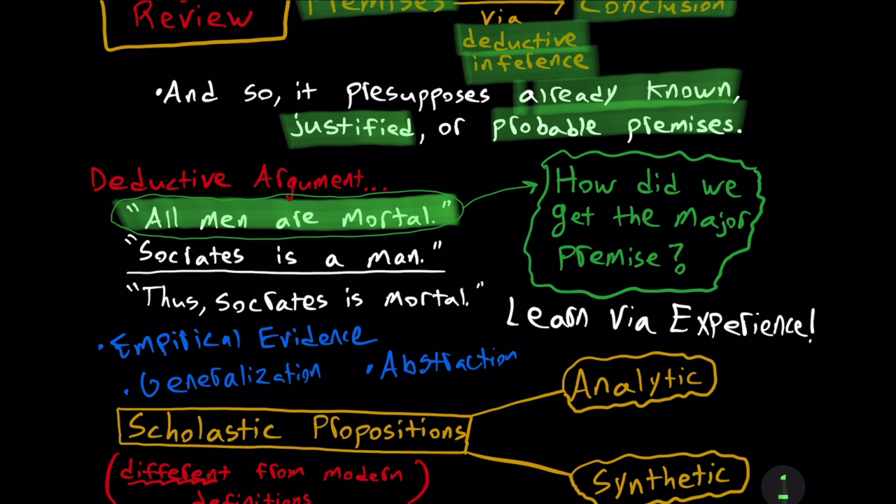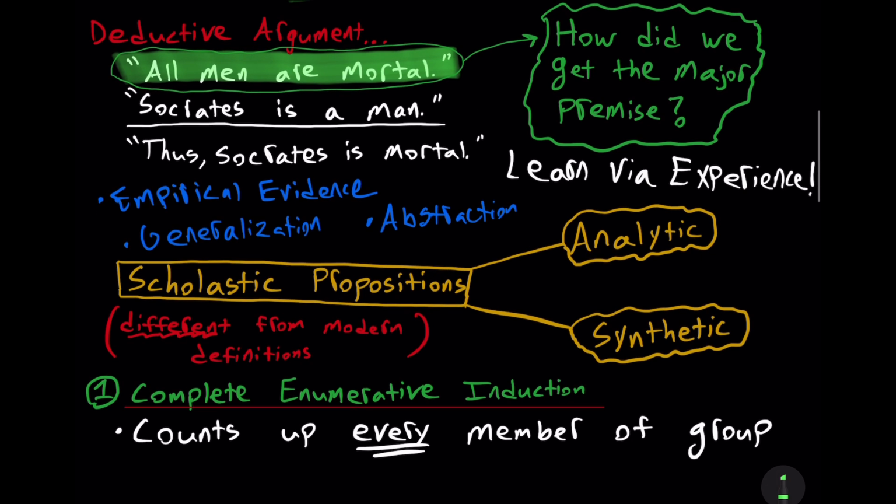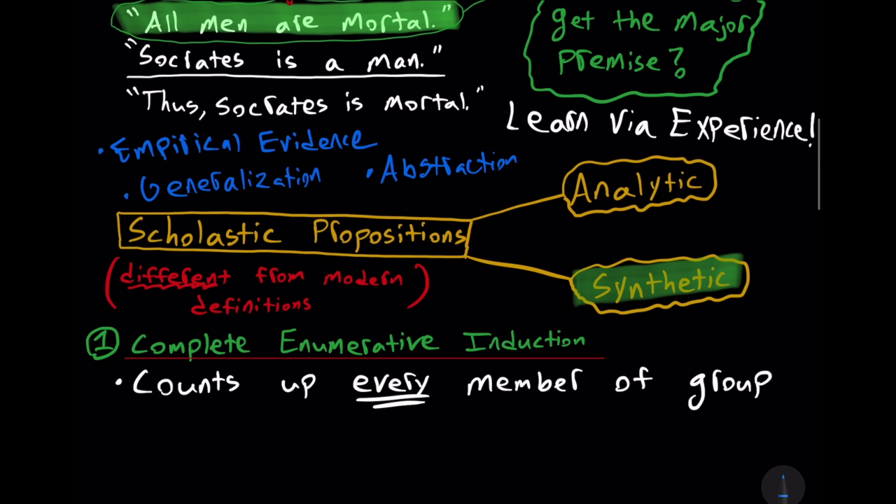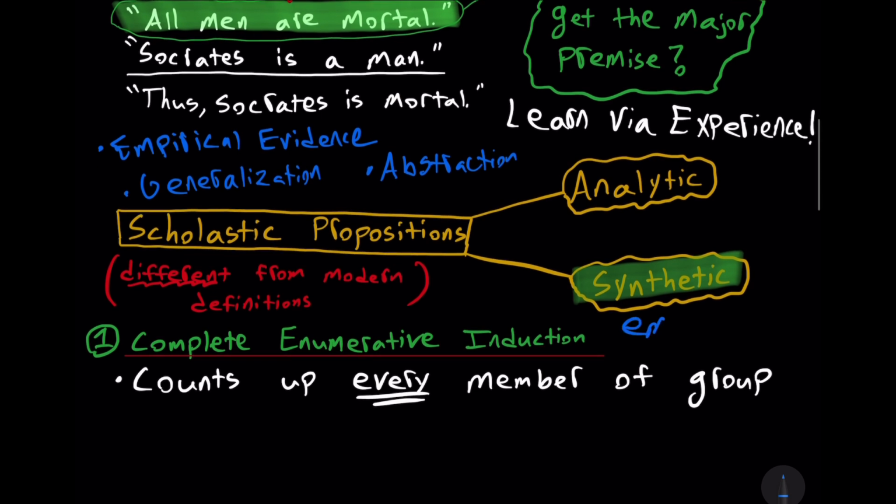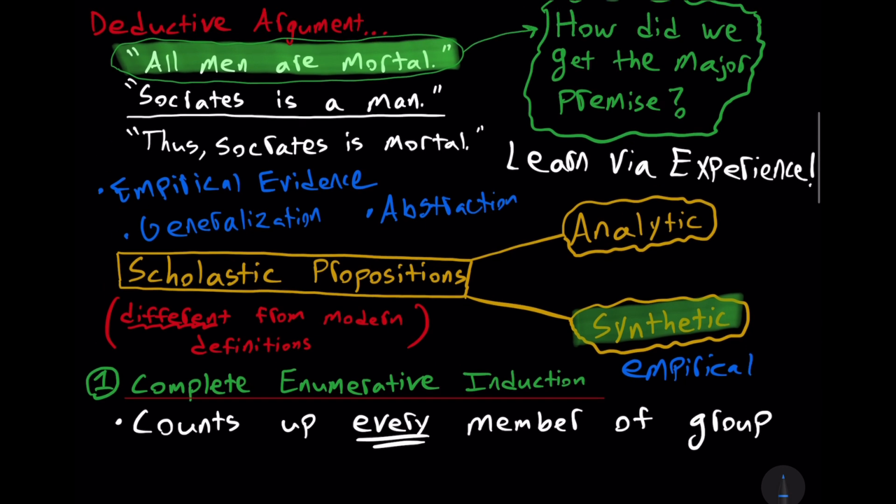Now, the proposition, all men are mortal, is strictly speaking called a synthetic proposition in the scholastic tradition. Or in other words, we can say that it is empirical, or it's empirically driven. We discover the truth of that proposition through observation. But also note that sometimes we can get premises in an armchair way.